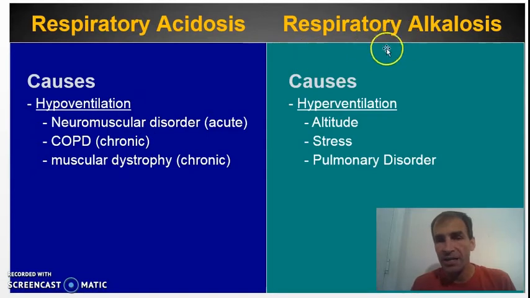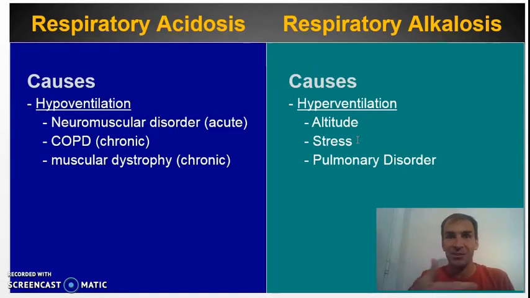On the other side is respiratory alkalosis. This is the opposite, when we're hyperventilating. One of the places we see this is altitude. We'll get to that later in the semester, but one of the responses we see at altitude is an increase in breathing rate, irrespective of activity. Stress, we've all experienced stress before. We breathe a lot, we hyperventilate.